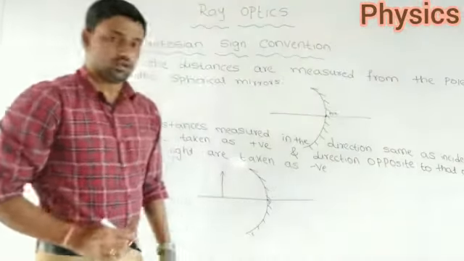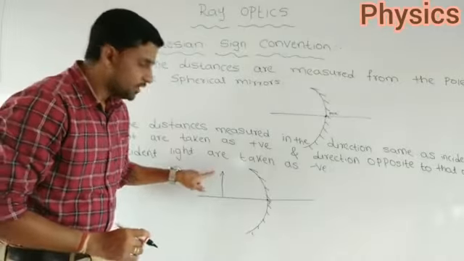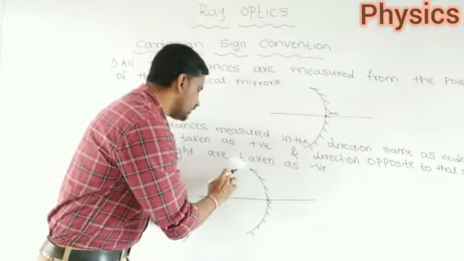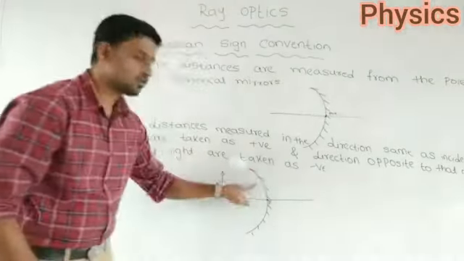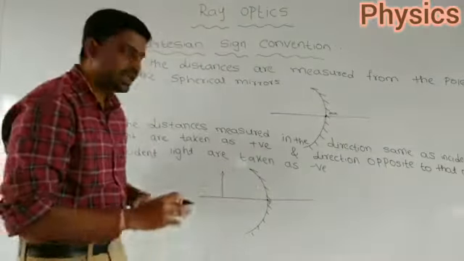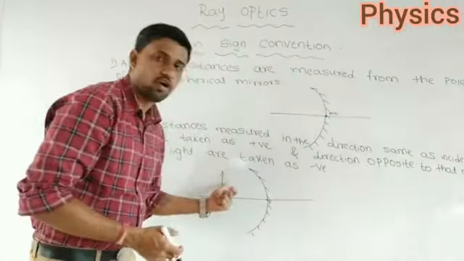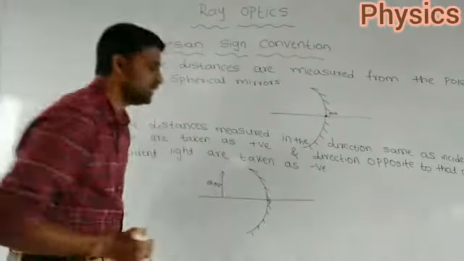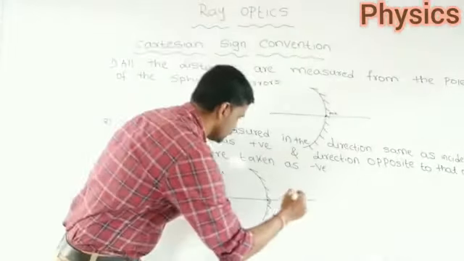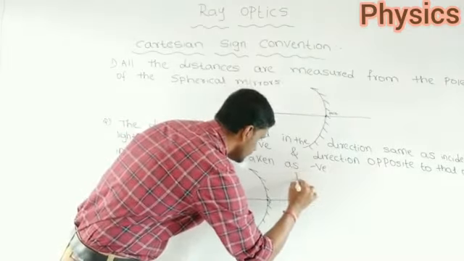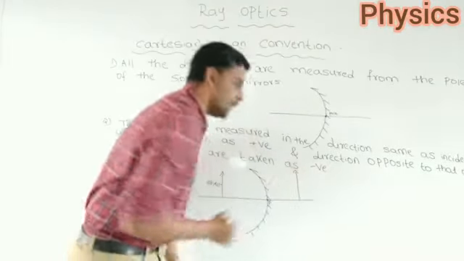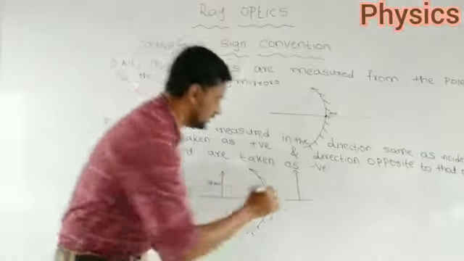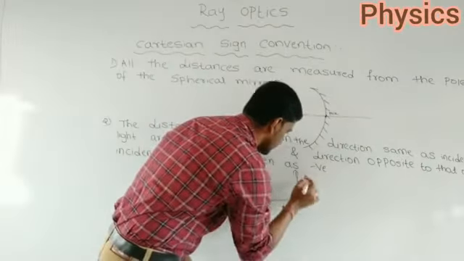The light rays coming from this object, after hitting the reflecting surface of the concave mirror, give me the image of this object. Suppose I get the image here. This is the image.